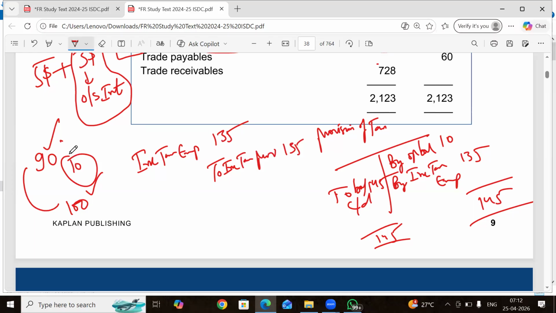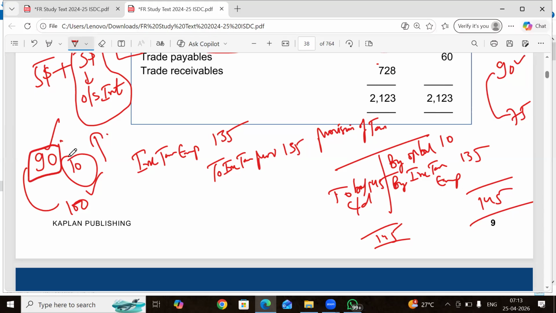So what happens? Under provision increases the expenses. Over provision decreases the expenses. See, in warranty case, we estimated 90. Now we want it to be 75. We want to reduce the provision. So 15 reduces the expenses. We took 15 and we subtracted it from administrative expenses. Here, we estimated 90, but we want the estimation at the end of the year to be 100. We want the provision for tax to be 100. We made an under provision.